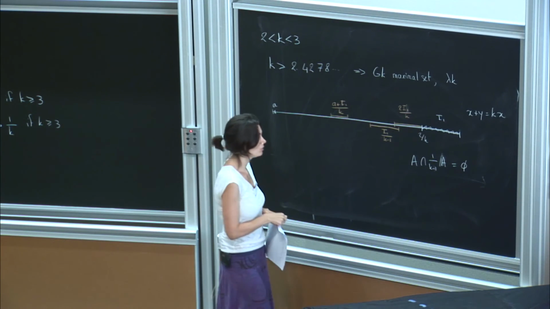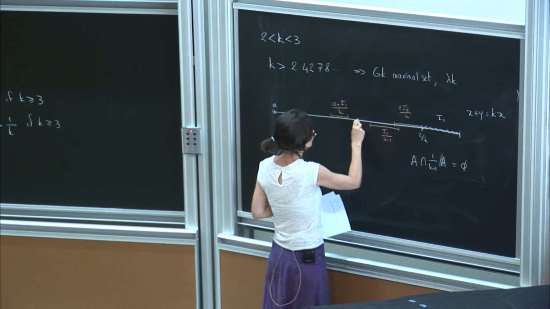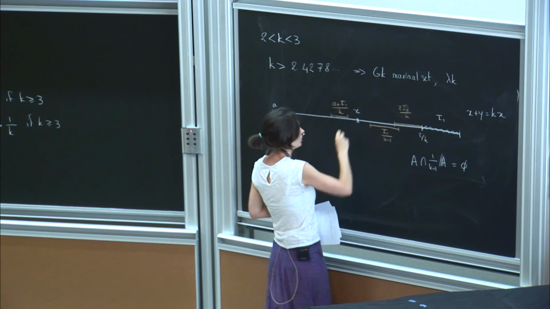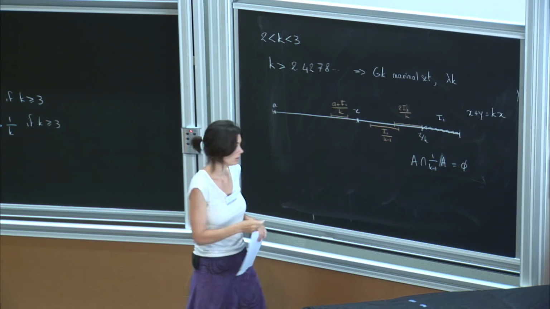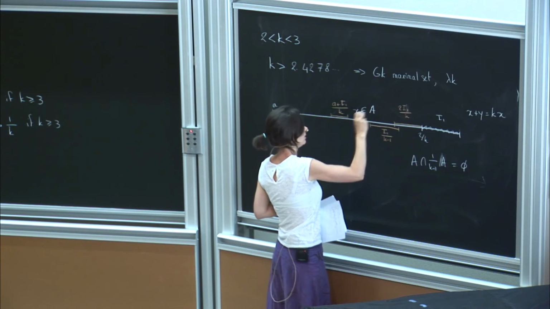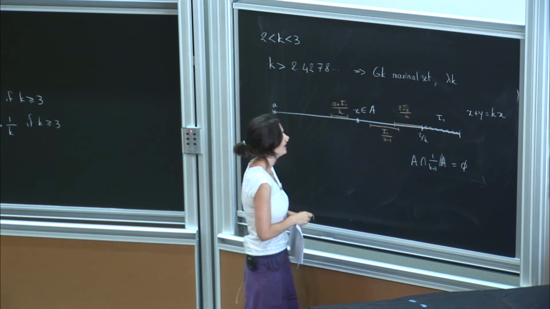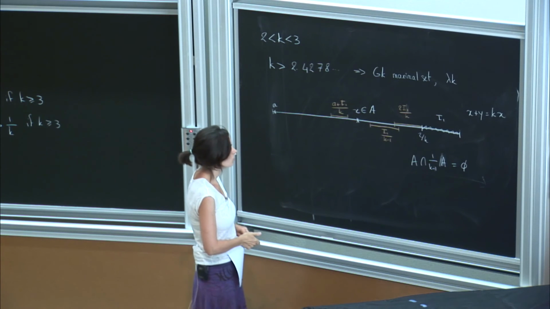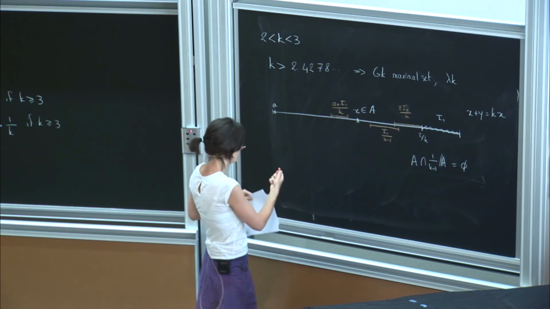But if k is close enough to 3, and if you take, say, an element x in A, then you must exclude kx.